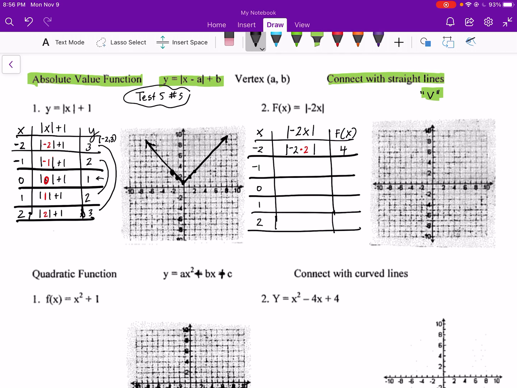And of course, you can work these out on a different sheet of paper if that makes it a little bit easier for you. So 2 times a -1, and of course, you can use a calculator too. 2 times -1 is -2. Absolute value of -2 is 2. Next one, 2 times 0. 2 times 0 is 0. Absolute value of 0 is 0.